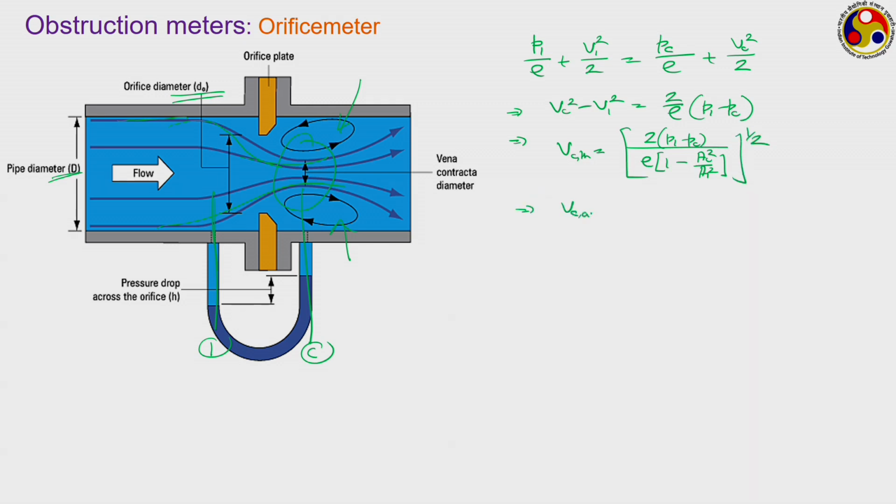Subsequently, Vc actual will be equal to Cv into root over 2 into P1 minus Pc by rho into 1 minus Ac square by A1 square whole to the power half, and by measuring this P1 minus Pc and from the knowledge of the Cv, we can get an idea about this actual velocity, and from there we can measure this q dot.